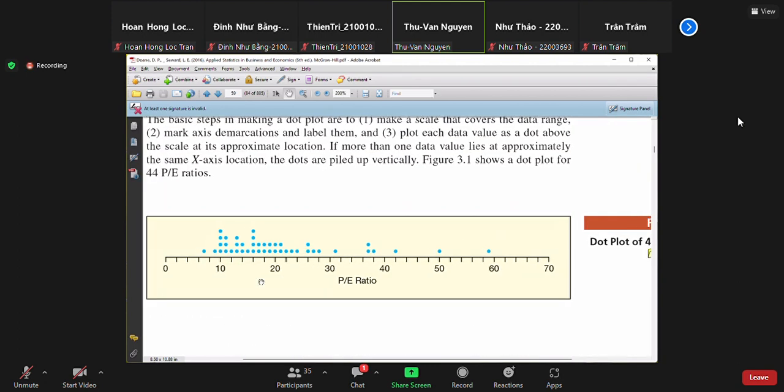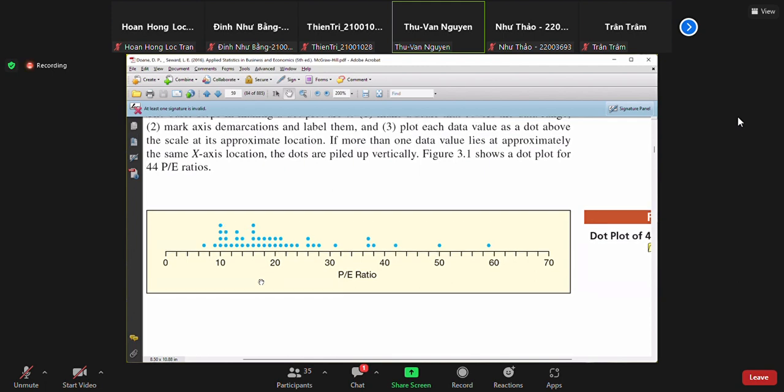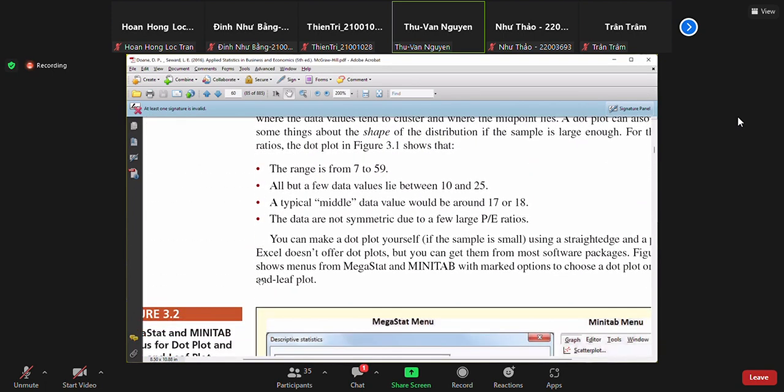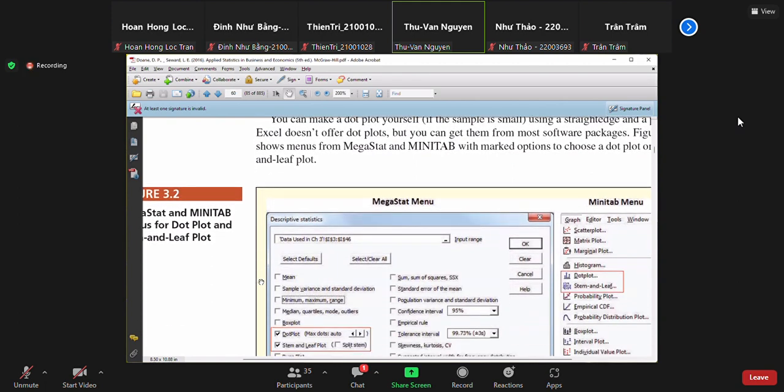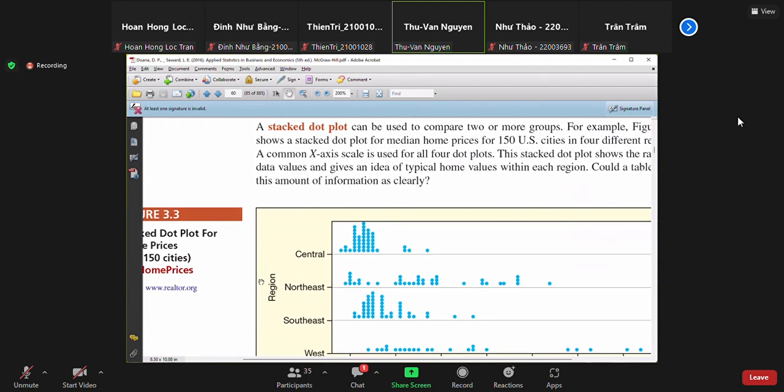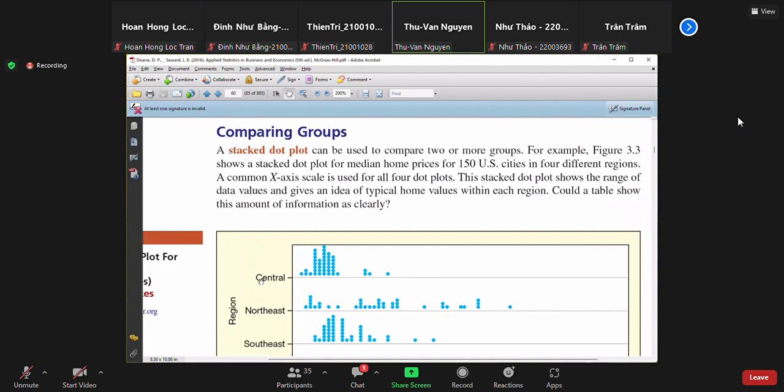Obviously, you know what is meant by symmetric. Symmetric means it will be symmetric above the center. So here, no, it's not. And we can also use the stacked dot plot to compare 2 or more groups.